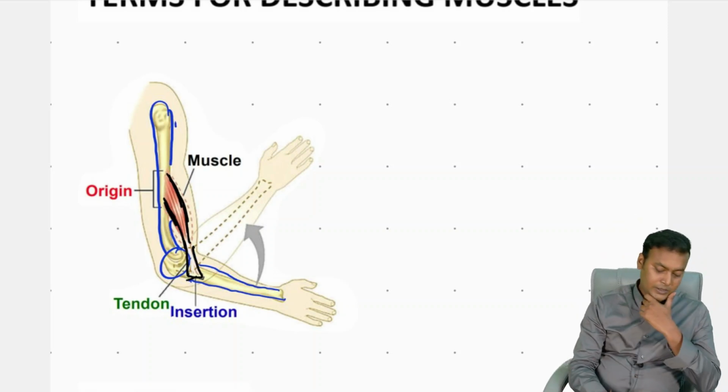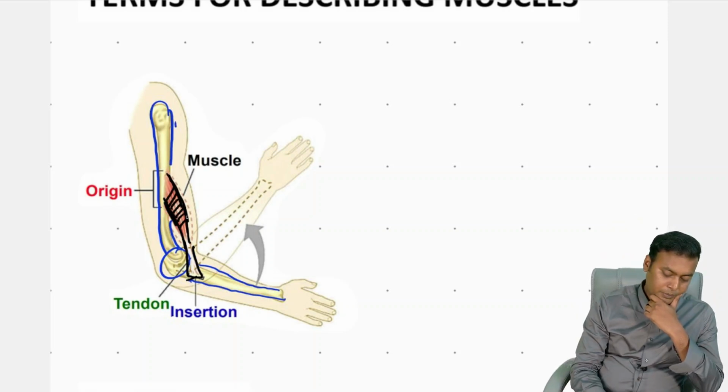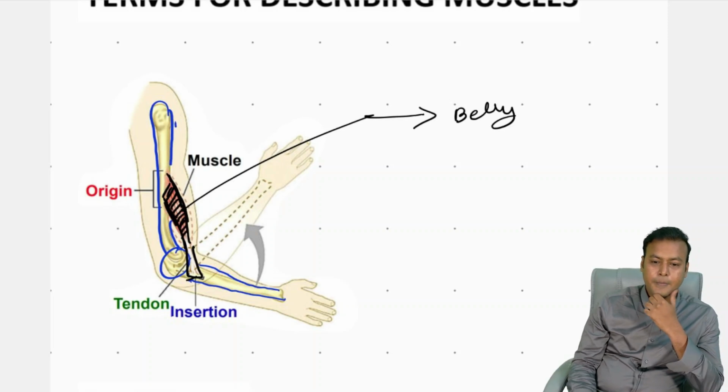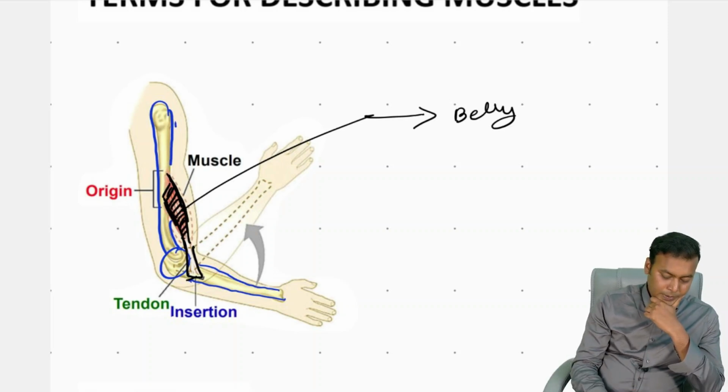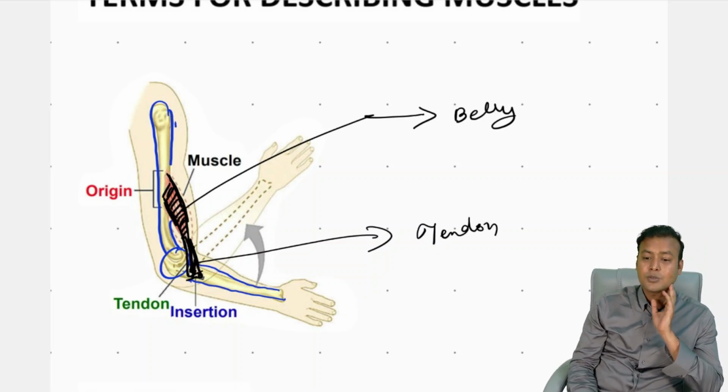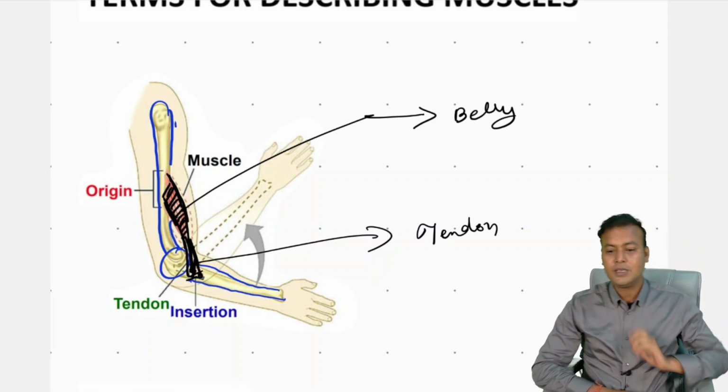This thick portion or bulk of the muscle is known as the belly of the muscle or the muscle belly. The part where the attachment is, this thin strong part, is the tendon. Always remember muscles attach to bones via tendons, and bone to bone attachment is via ligaments.